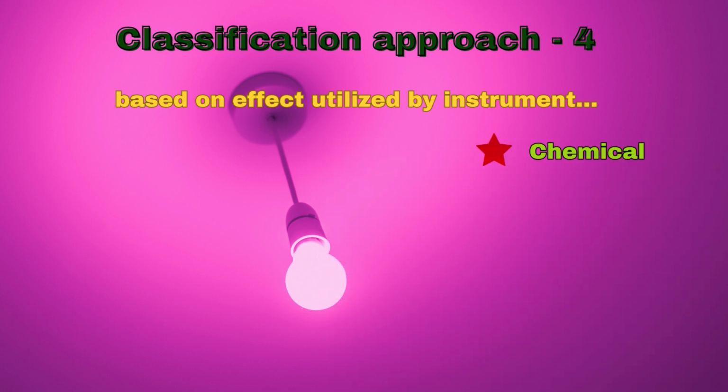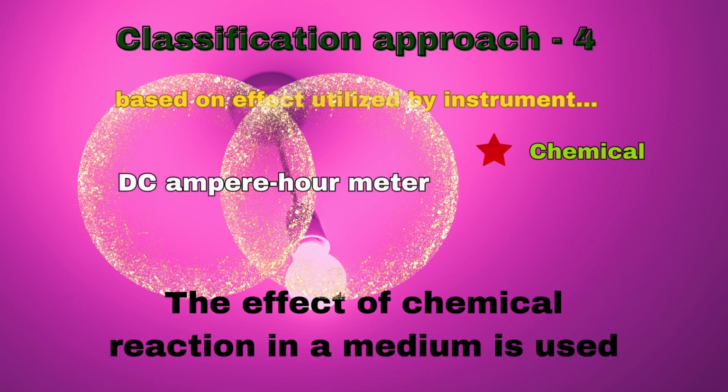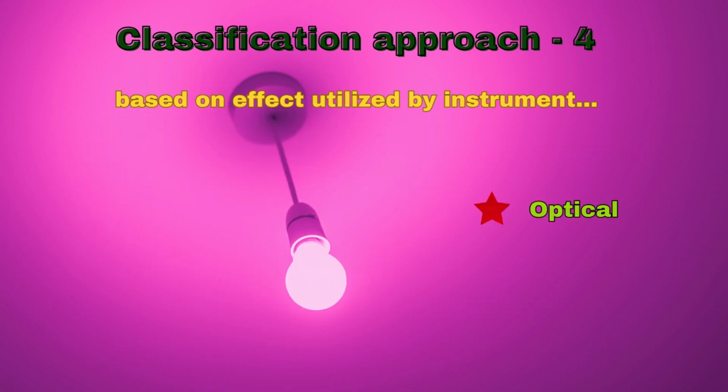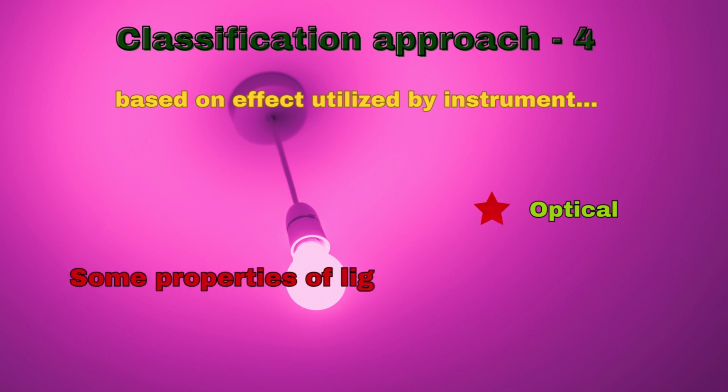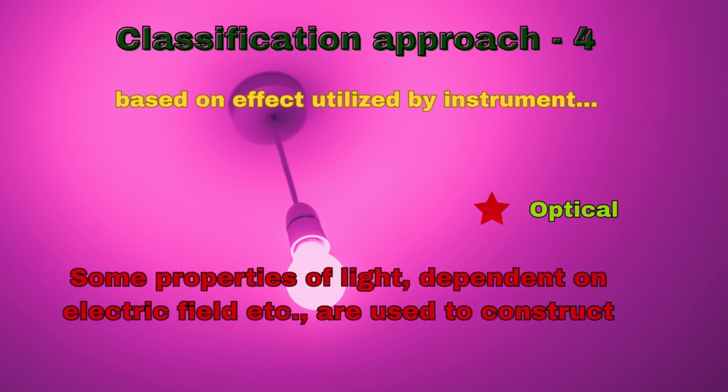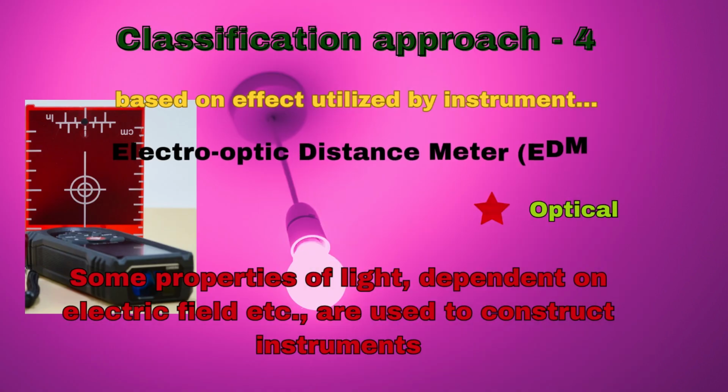The effect of chemical reaction in a medium is another principle for the operation of a class of instruments. DC ampere hour meter is one such example where the dynamics of the flow of electrons is estimated in a chemical reaction. The optical effect uses the change in property of light in presence of a magnetic field, electric field, etc. The estimation of change measures the quantity responsible for such change.